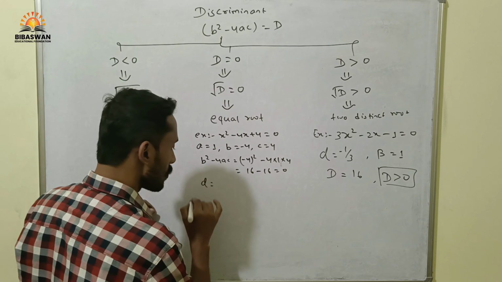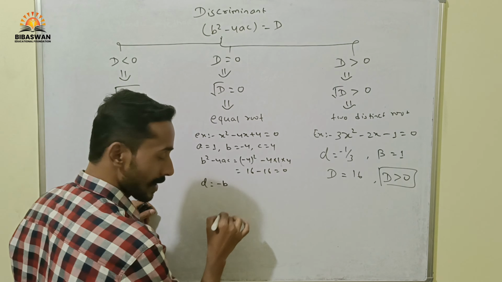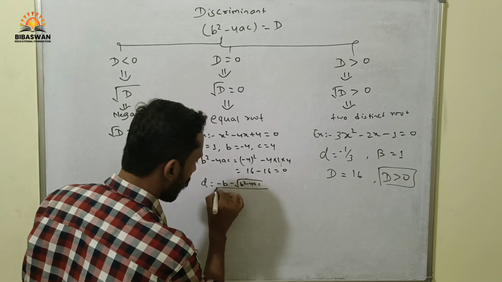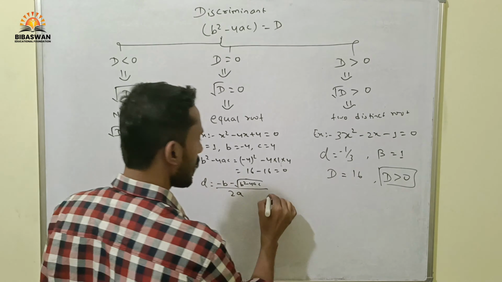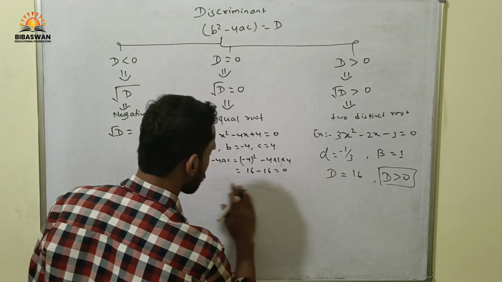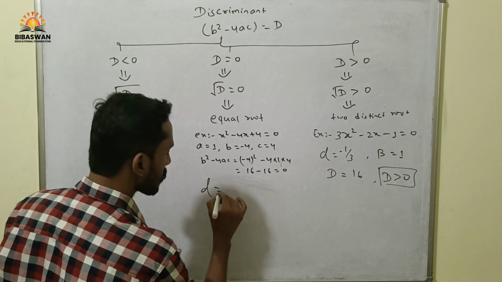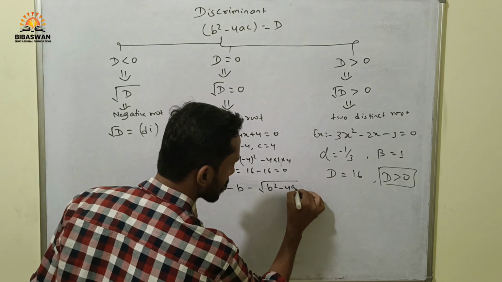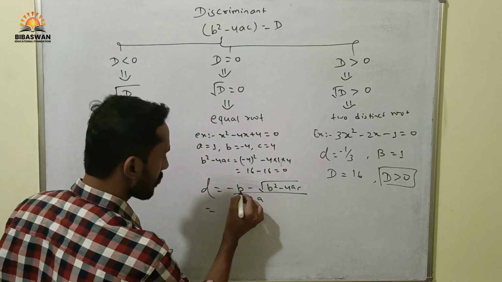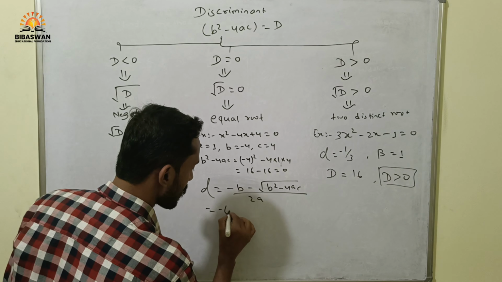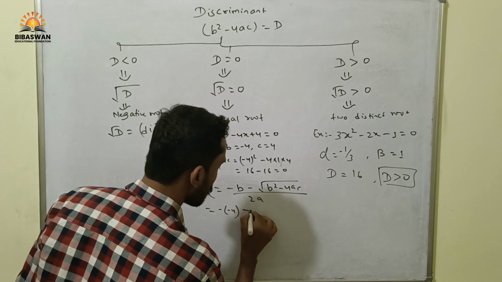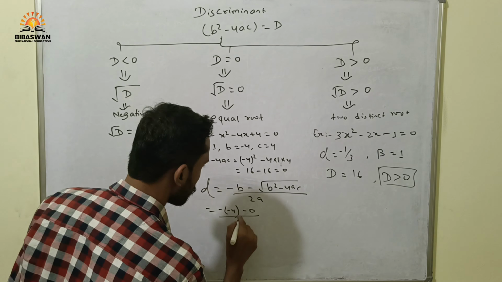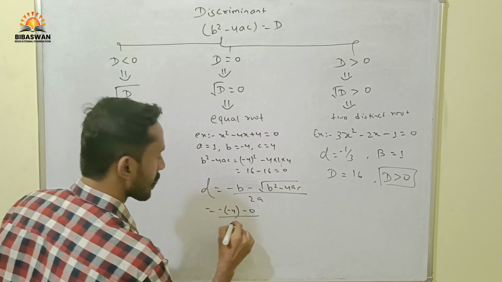Now alpha is equal to, by the formula, minus B minus root over B square minus 4AC by 2a. And beta, I can write it again. Alpha is equal to minus B minus root of B square minus 4AC by 2a. Minus B means minus of minus 4, that is plus 4, minus 0, by 2a, which means 2 times 1.